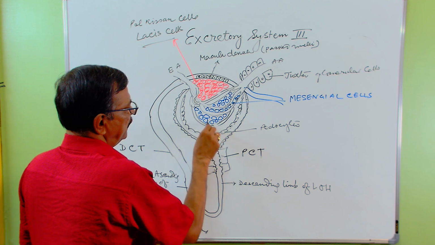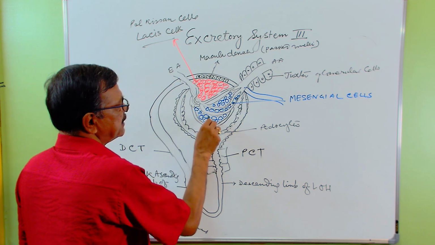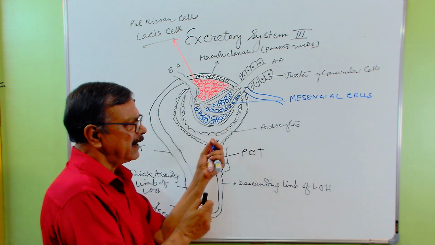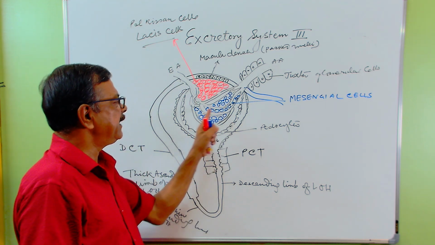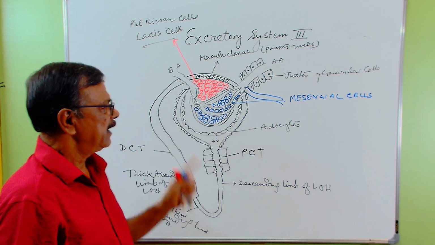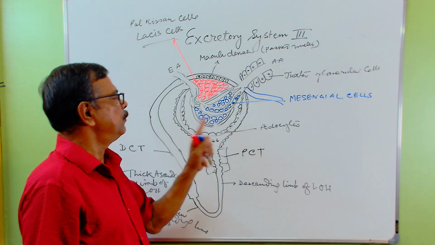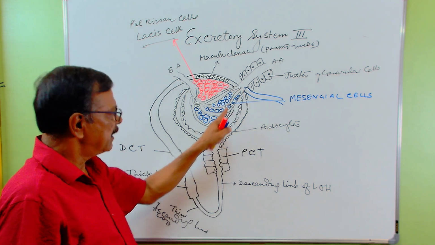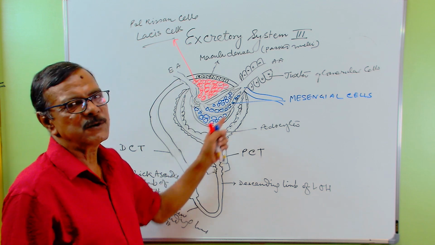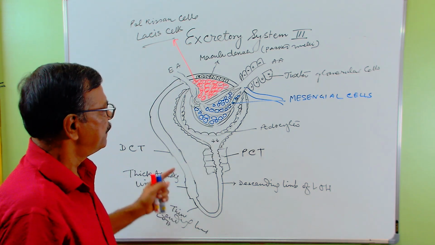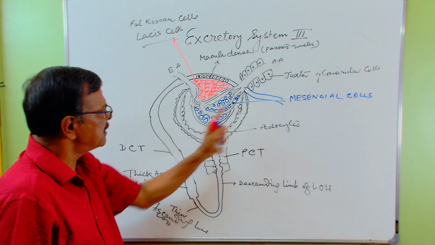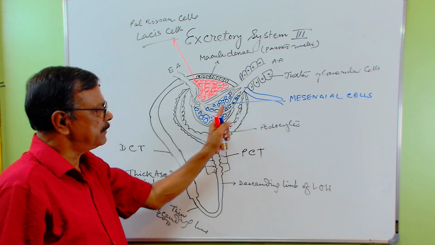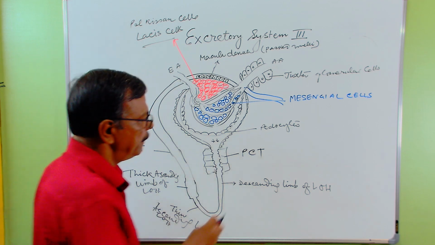They have contractile properties, that is, they can contract, they can expand, and they maintain the blood pressure here. Number one. Number two, they are phagocytic in nature. If anything comes in, they phagocytose those particles also. So these mesangial cells form a network with the connective tissue called the mesangium.